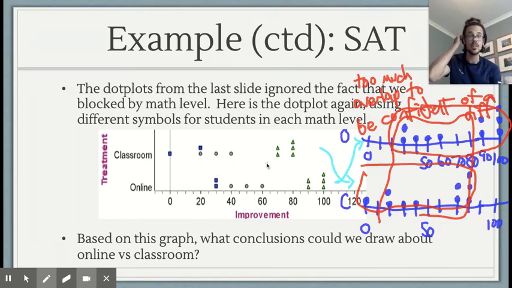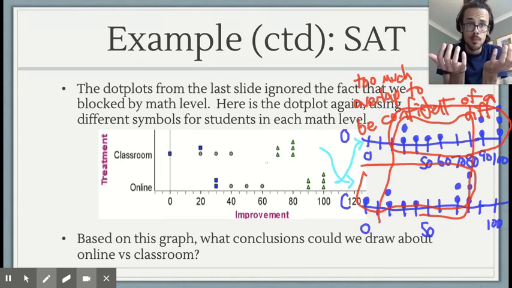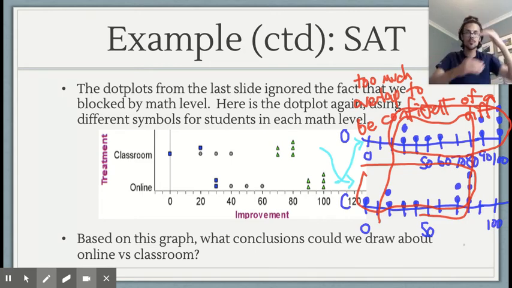Here is why this is actually more beneficial. If you look at the groups individually, earlier in this video, I said the whole point of blocking is that you're comparing apples to apples, oranges to oranges, etc. But when I looked at my graph right over here, I didn't really do that. I just looked at everything as a whole. Look at the groups individually.